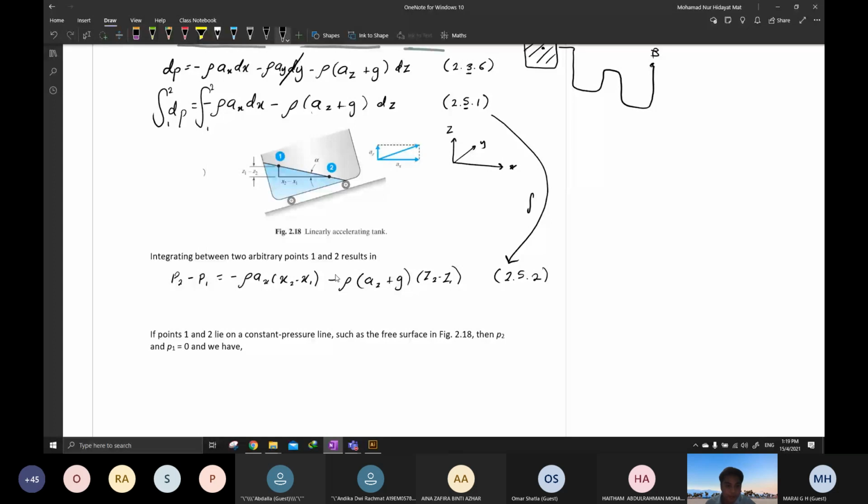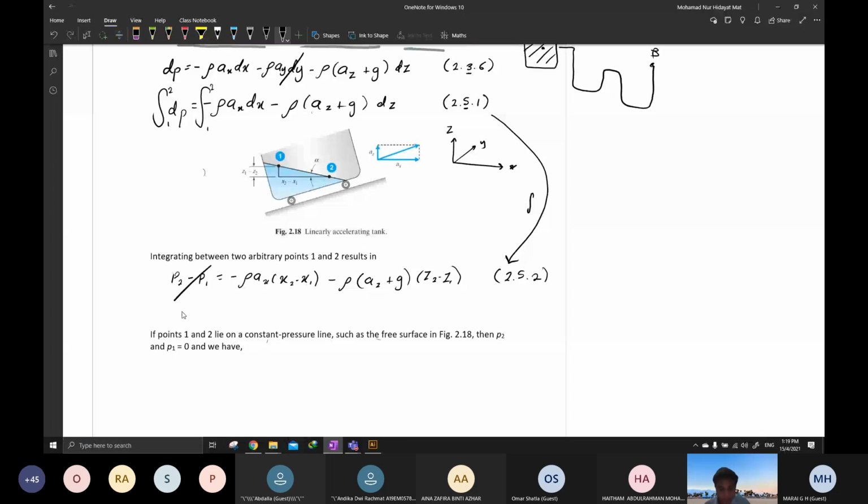Can you see here, if point 1 and 2 lie on the constant pressure line, that means point 1 and 2 will have the same pressure. Maybe this is 0, this is 0. Can you see this is the free surface on top of the water? Then P2 equals 0, P1 equals 0. Then we can cancel out this term because it is equal to 0, and then we can rearrange this equation.